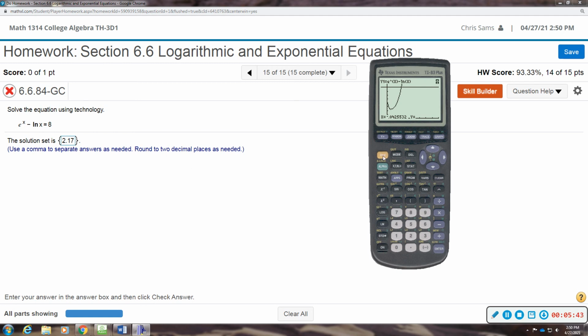Again, we got that from second, trace, calculate, the intersection, option number 5, and I would just have to hit enter 3 times. First curve, second curve, enter, third curve. It shows us the x value. Oh, now it's showing me here.